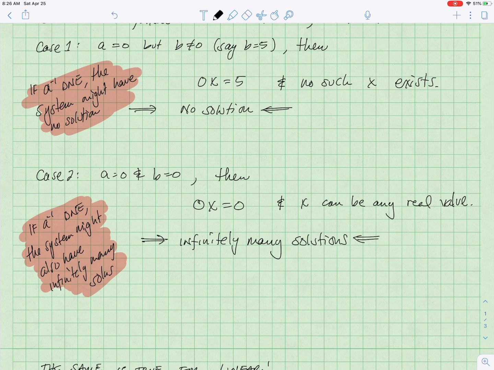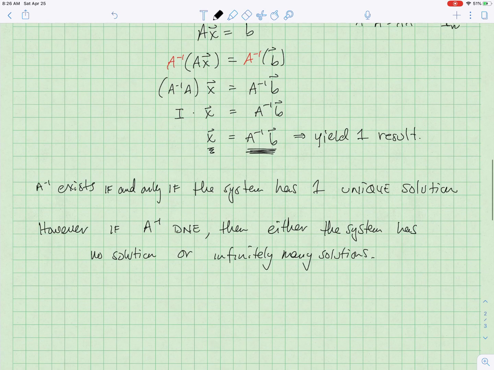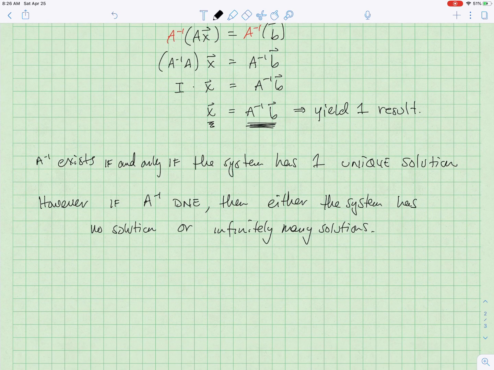Now, A doesn't necessarily have to be 0 here for this to be the case, because we're no longer talking about scalars, we're talking about matrices. But in terms of A inverse existing or not existing, the structure is the same in terms of one solution or the possibility of no or infinitely many solutions. So that's our little introduction to this section.